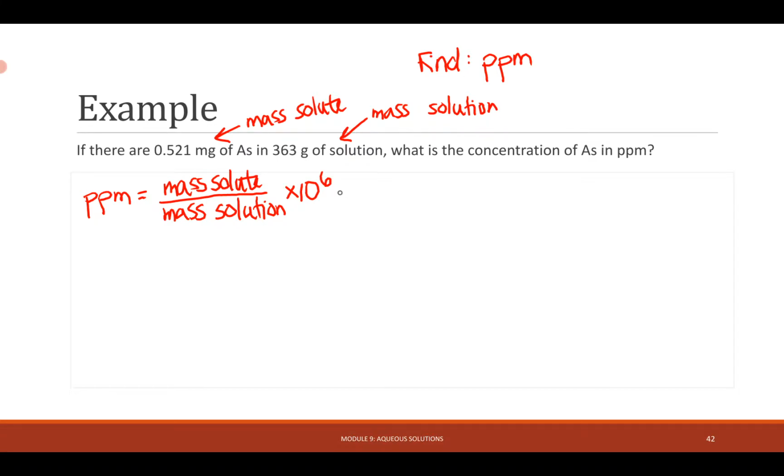So let's see. I can set that up by plugging in my values. And then I know that I multiply by 10 to the 6th. But my units don't match right now. I need them to match before I type this into my calculator. So I'll write that: make units match.